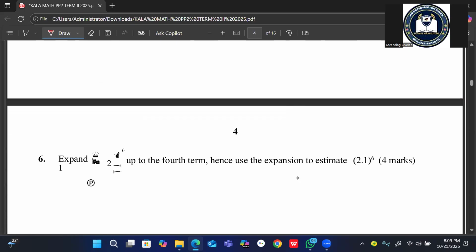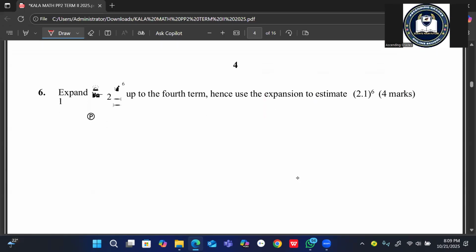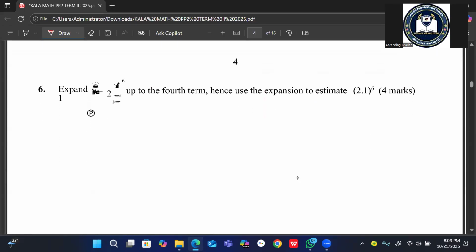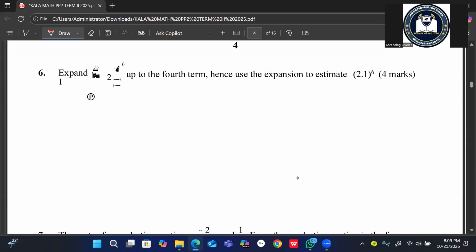From there we go to number 6. It says expand.